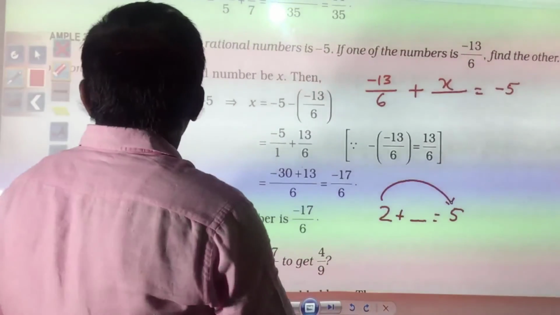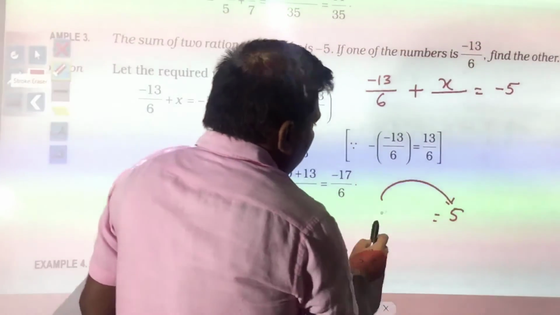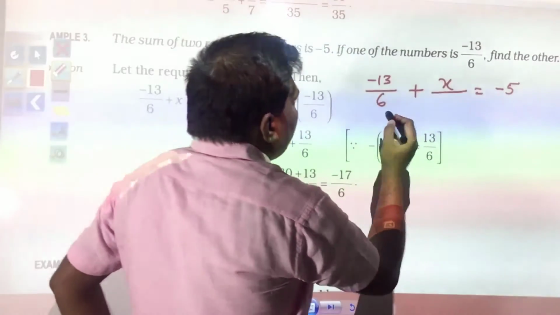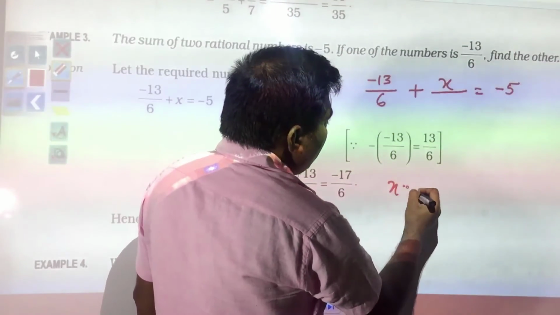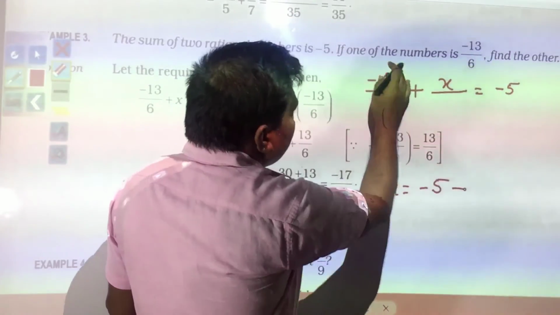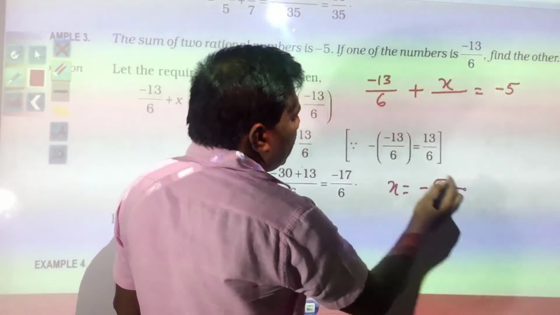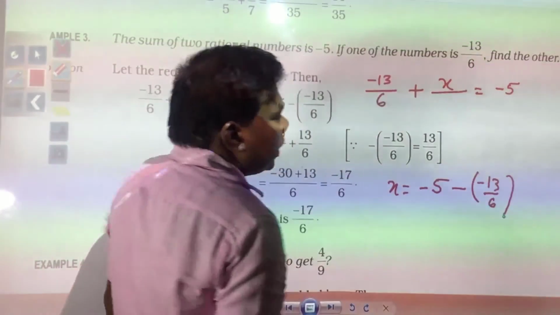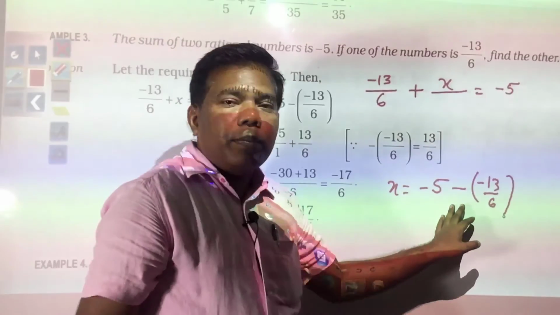So just see how we will do it. Here x will be what? Minus 5 minus, this number is required to be subtracted, minus 13 by 6. So this is required to be solved.